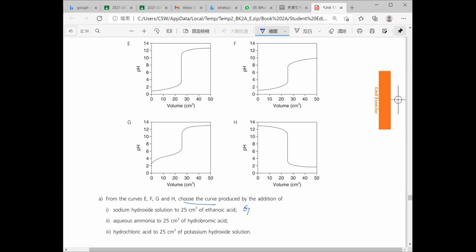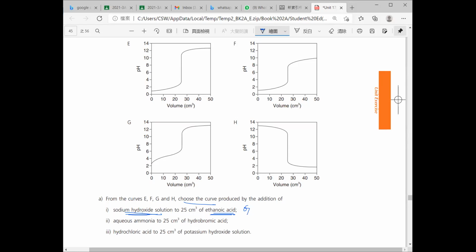Now, first of all, this one should be the final one, right? It will make it excess, right? When it's in excess, it's alkaline, very highly alkaline. So you find either E or G. But G should be the better choice because the combination of the acid alkaline reaction is a weak acid, strong alkali type.